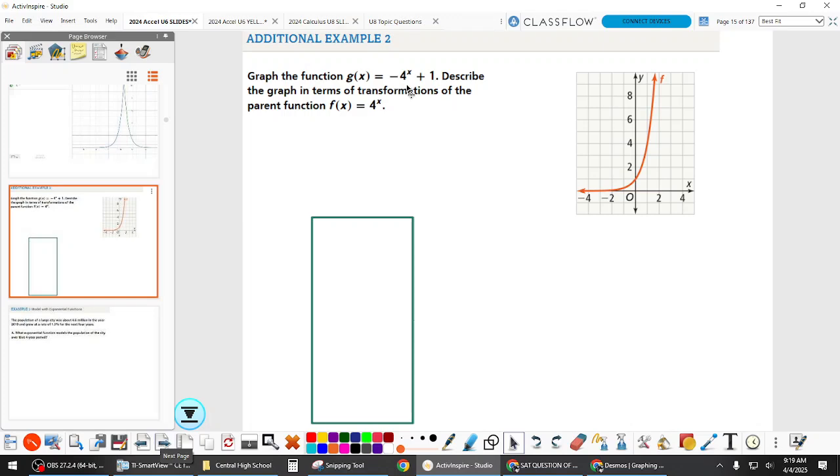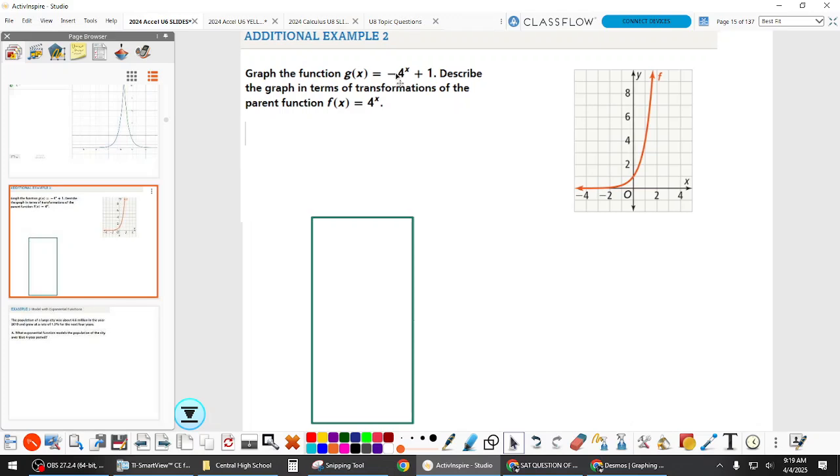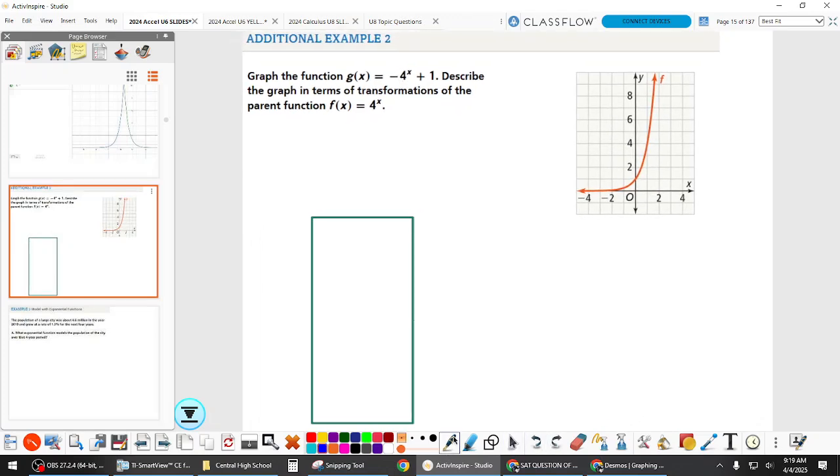How would this change? It says describe the graph in terms of transformation. So we need to use words like translation, stretch, compress. What's the R word? Reflect. Okay. That single little mark right there changes our range, doesn't it?